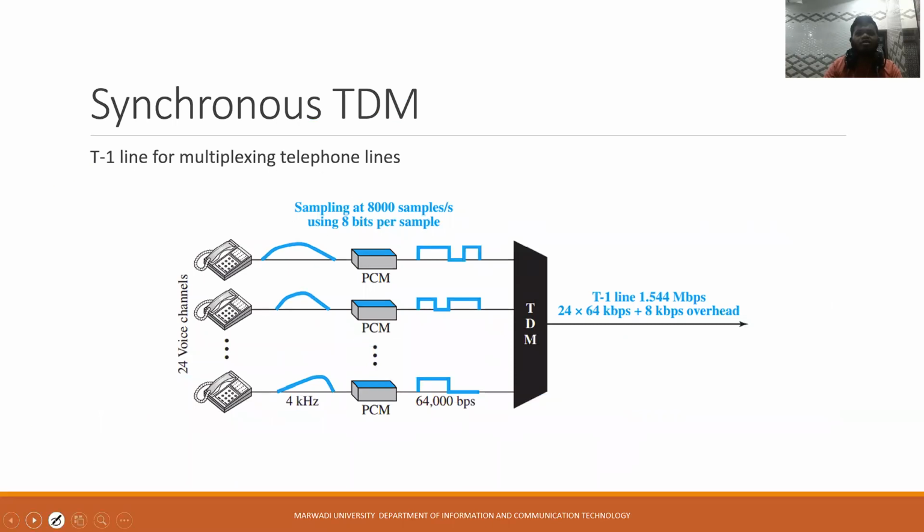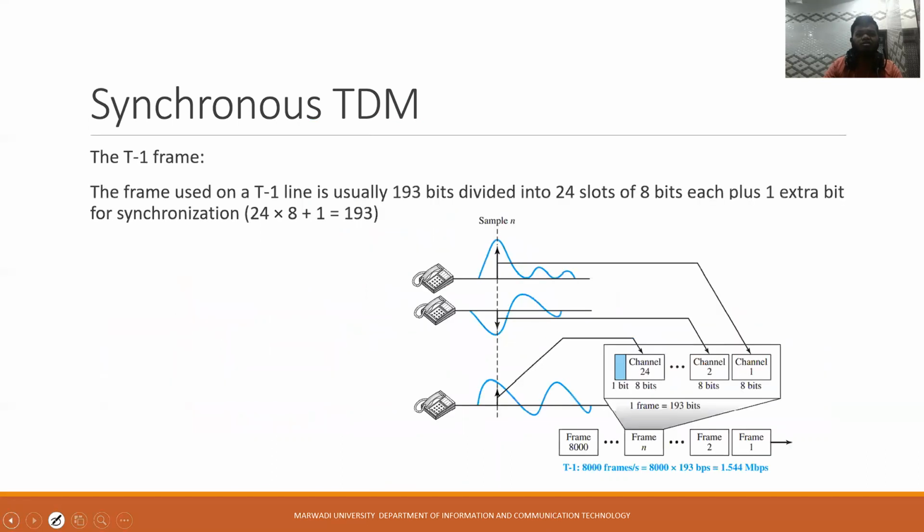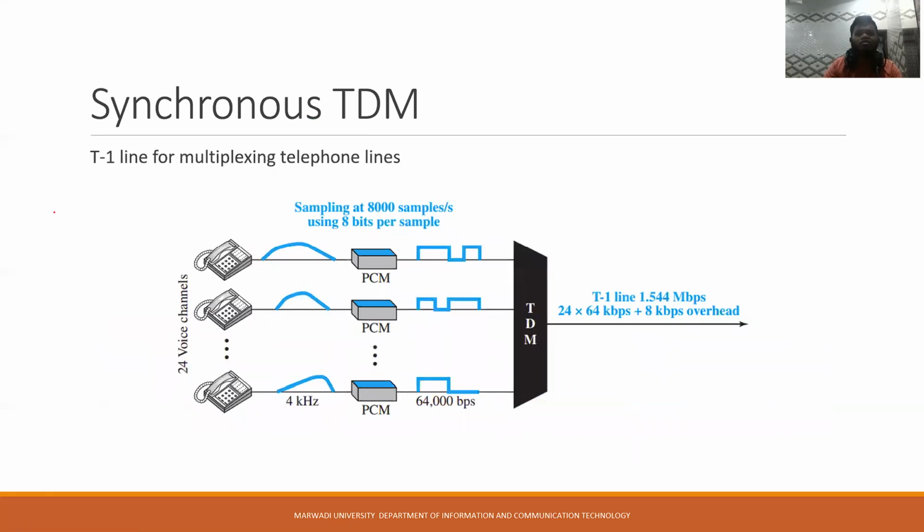Now let's see the frame structure of T lines. For the T1 line, as we saw on the DS0 side, we have 24 such signals, and sampling is performed at 8,000 samples per second. That just means the frame rate is 8,000, so we have 8,000 frames per second.